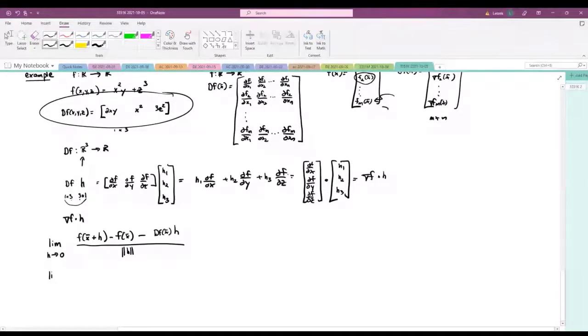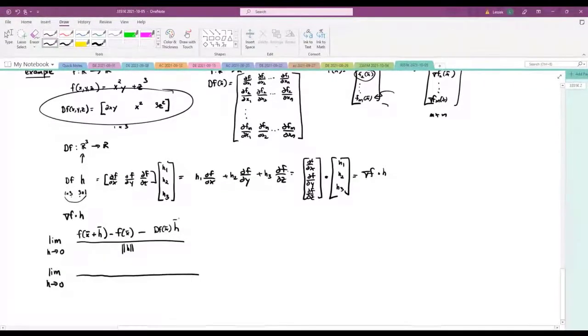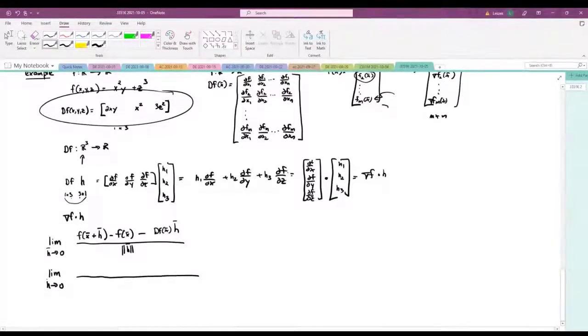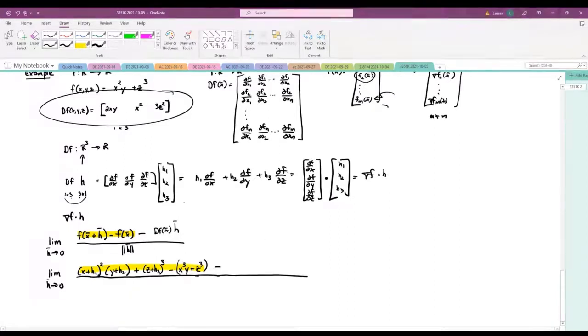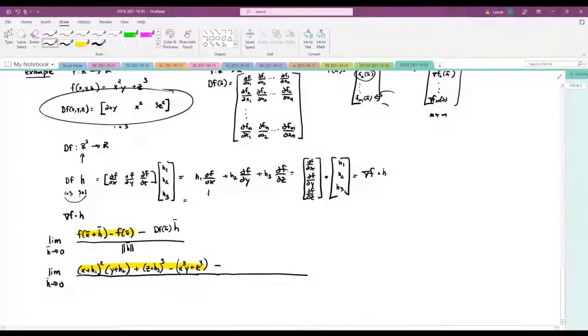So let's go ahead and write this out. All vectors. This is just this. So now we think we have our linear operator. Let's just write this out, right?